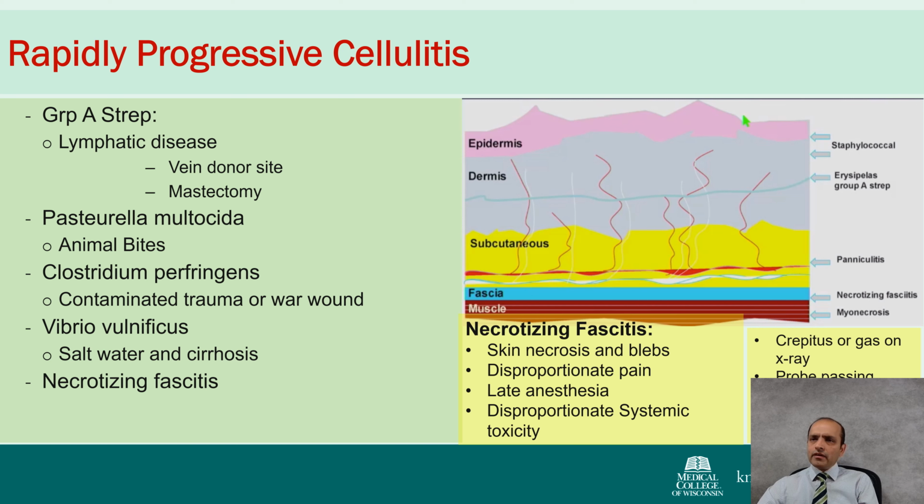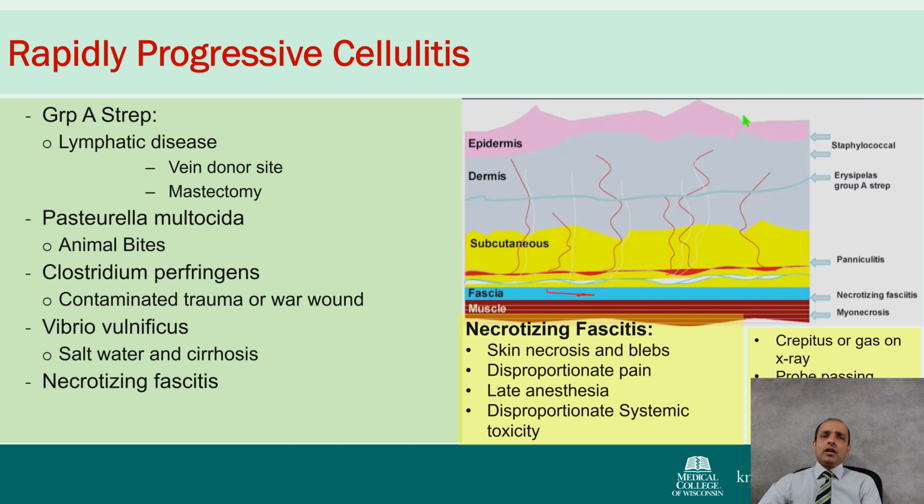If you see here in the picture, see how deep the necrotizing fasciitis is. You don't see redness from outside. It's very close to muscle, and they might have skin necrosis or blebs. They complain of disproportionate pain. The wound does not look bad, but they have very severe pain.